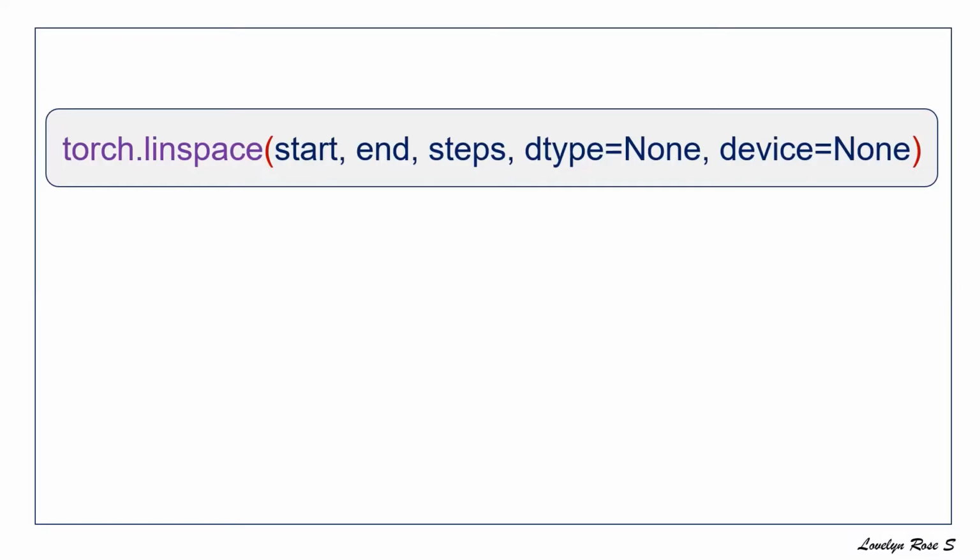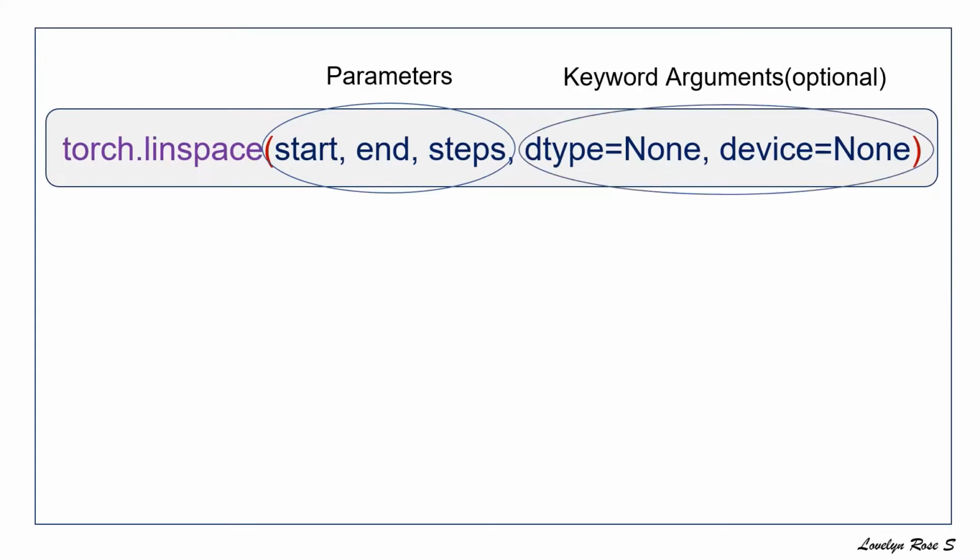To create the input x, I use a function called linspace. Linspace has 3 required parameters, which are start, end, and steps, and 2 optional keyword arguments, which are the data type and the device.